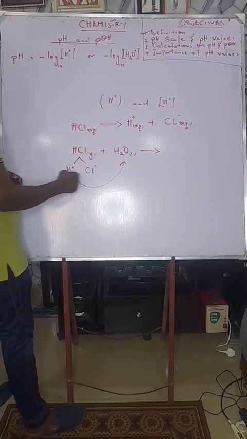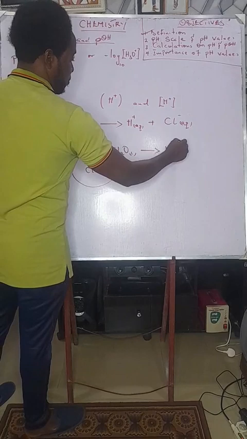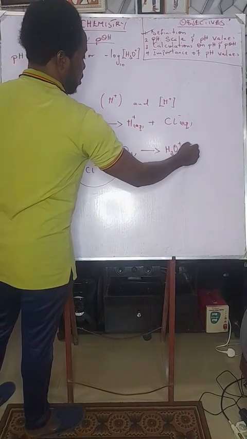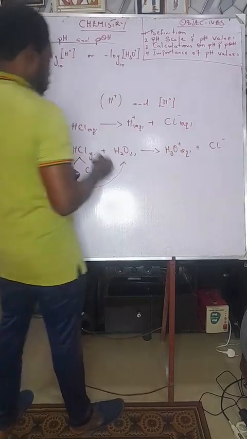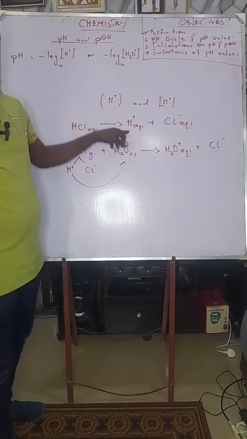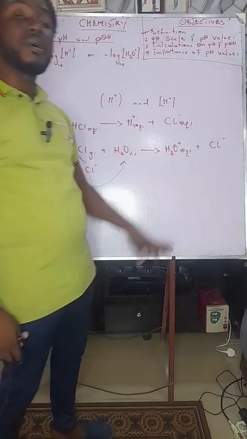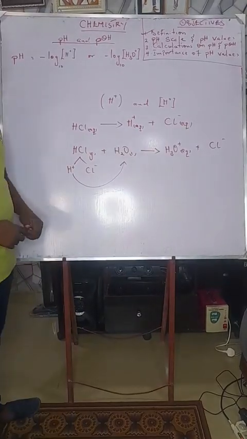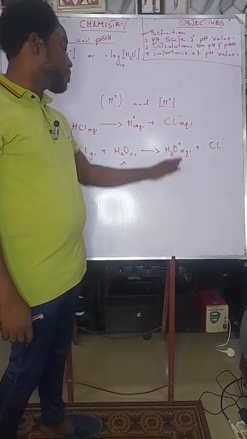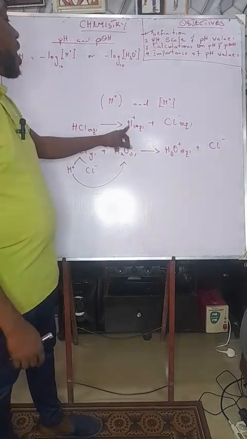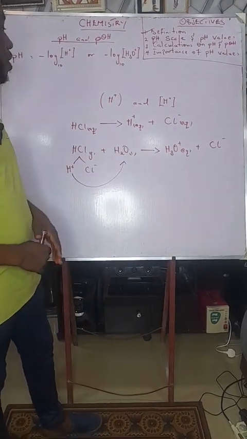H2 plus H1 will give you H3, H3O plus aqueous, plus your Cl minus. So when you have hydrogen ion concentration in a solution, it appears in the form of hydronium ion concentration. When you have hydrogen ion in solution, it appears in the form of this hydronium ion.